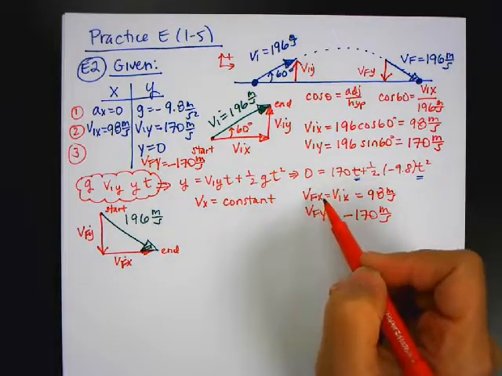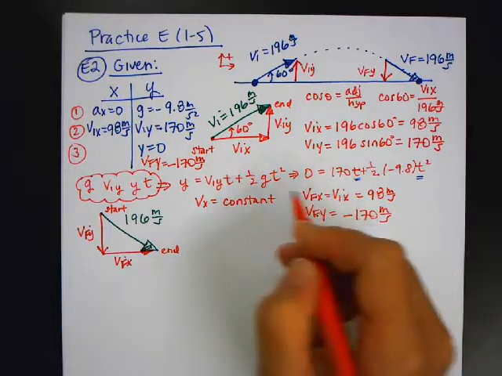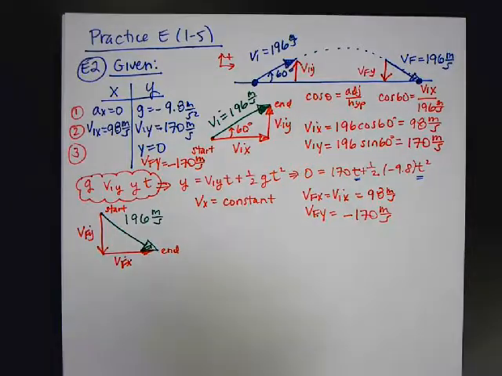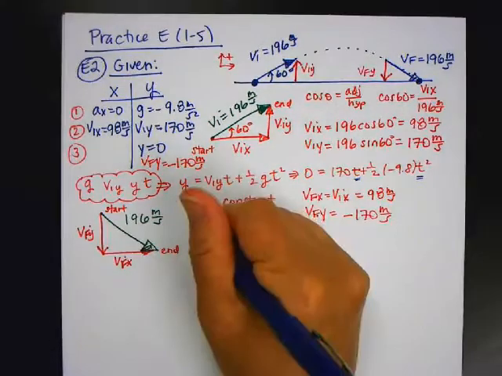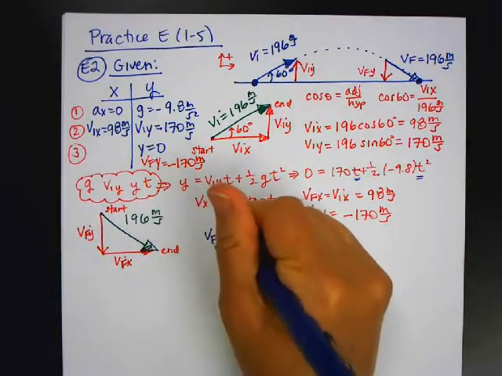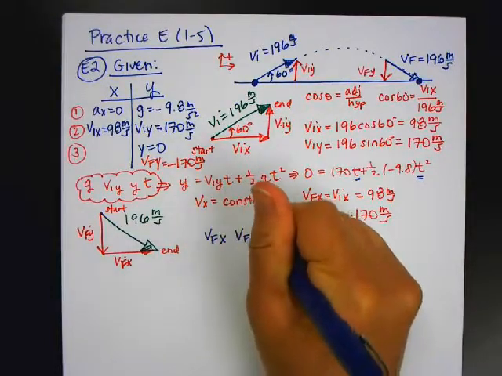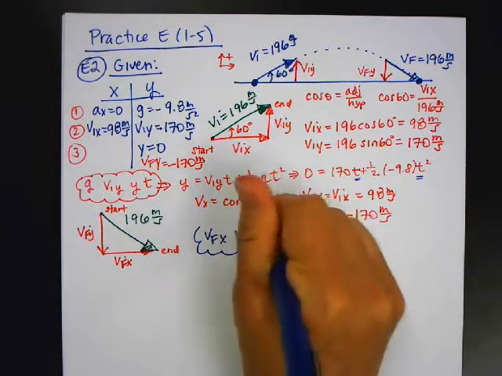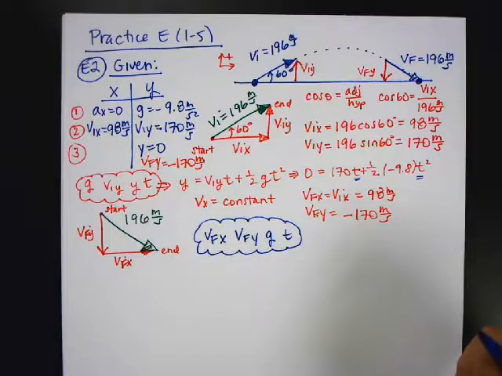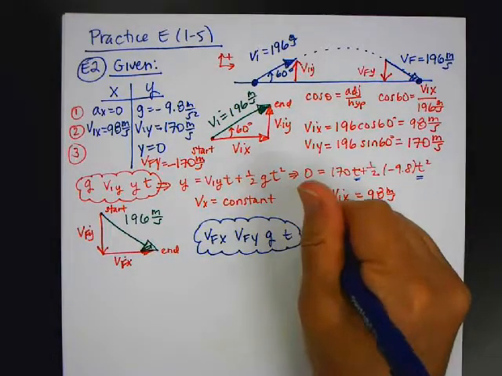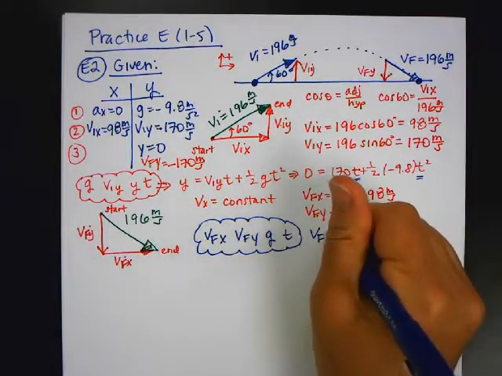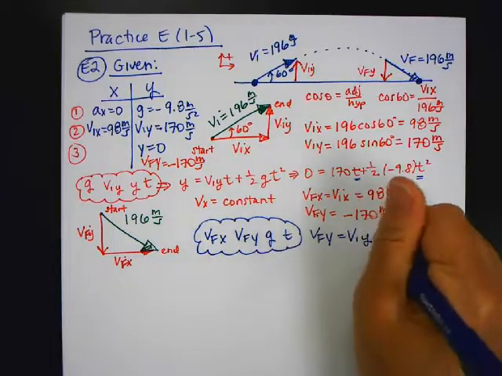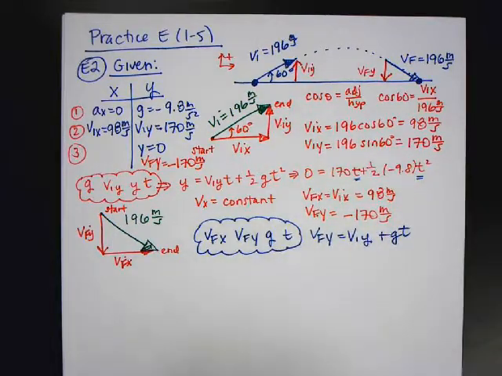If I have VFX, VFY, I have little g, and I want to find t. So the easier way to do this problem is, again, I have VFX, VFY, little g, and I want to find t. So I'm going to say which equation has those four variables. So that's the equation VFY is equal to VIY plus GT. Now I'm not going to plug in my values because that's how I'm going to make a mistake.